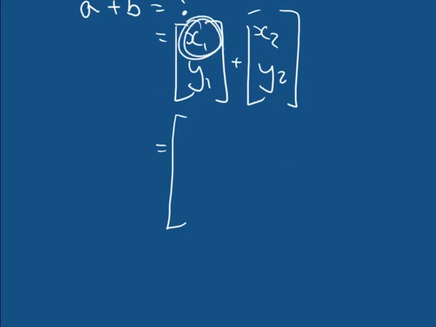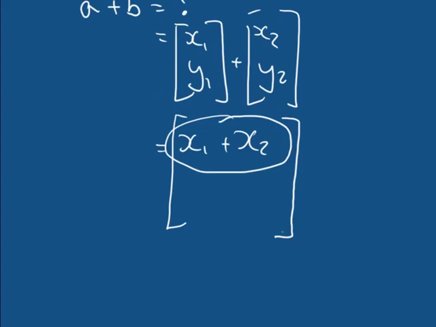So we're going to take the first component of vector 1, that's x1, we're going to add to that the first component of vector 2, that's x2, and that's going to give us the first component of our resultant vector.